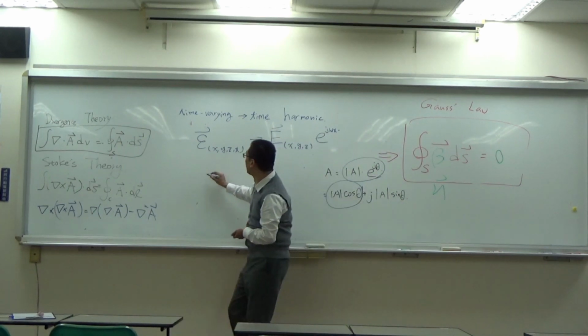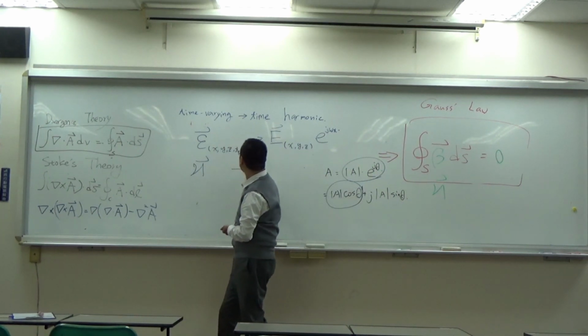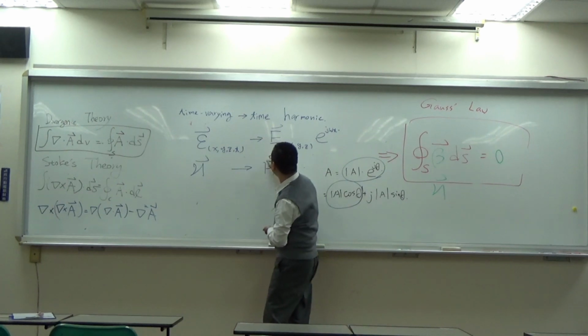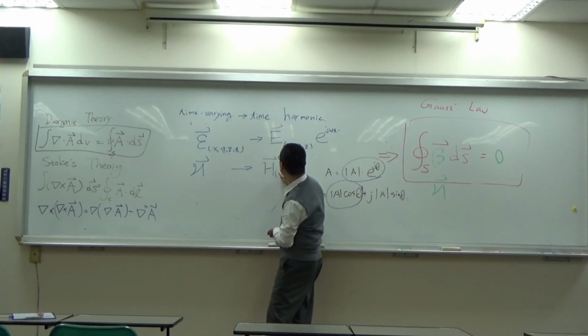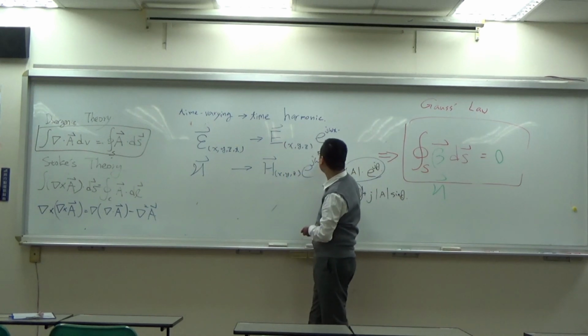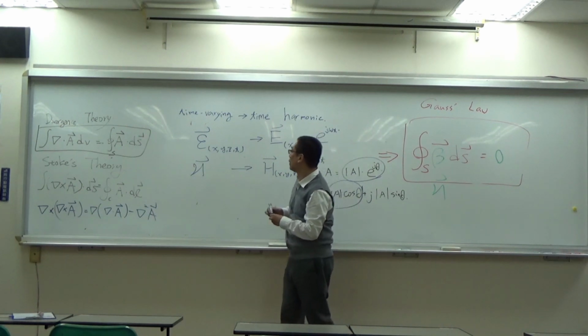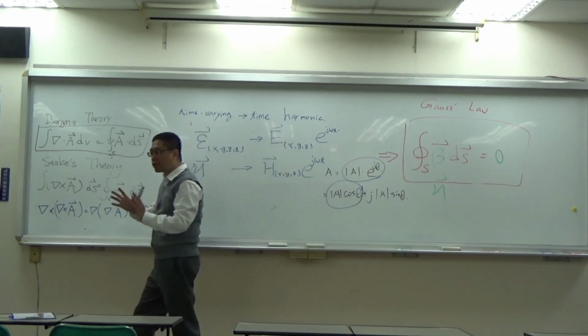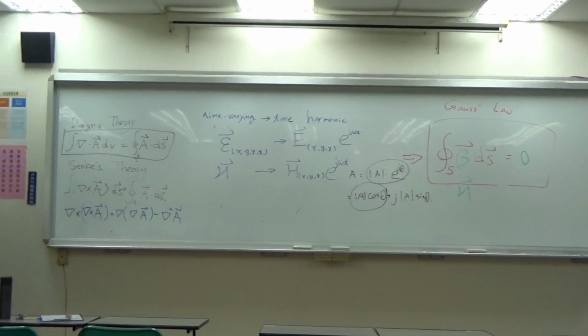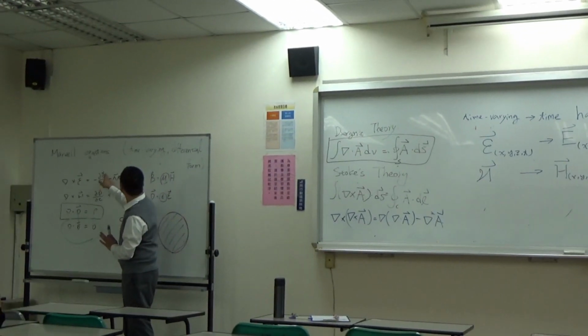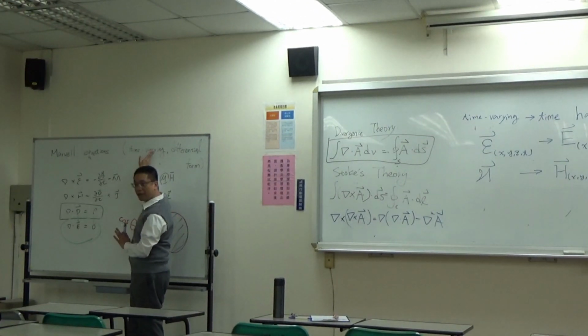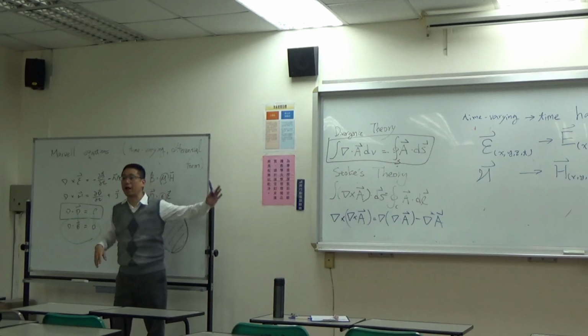Then you also have your H, which becomes capital H of x, y, z, multiplied by exponential j omega t. Actually, all your vectors, those time-varying vectors, become time harmonic.